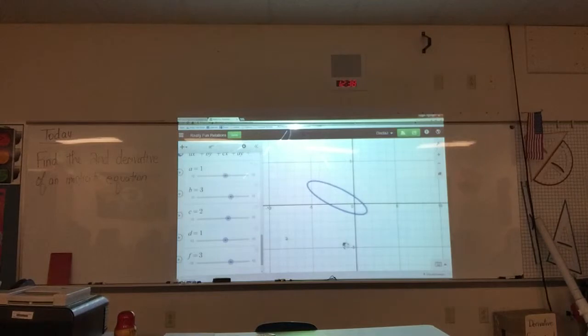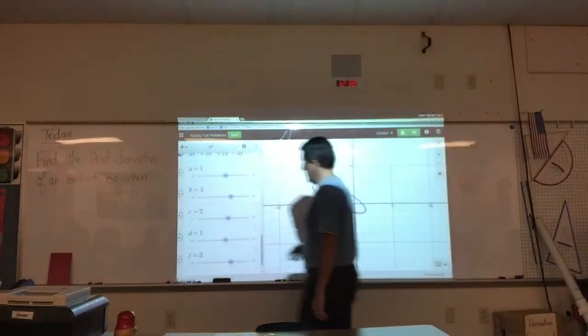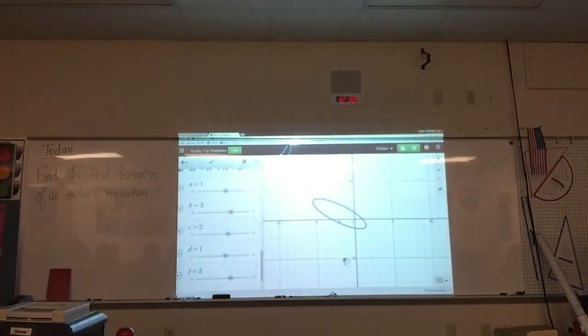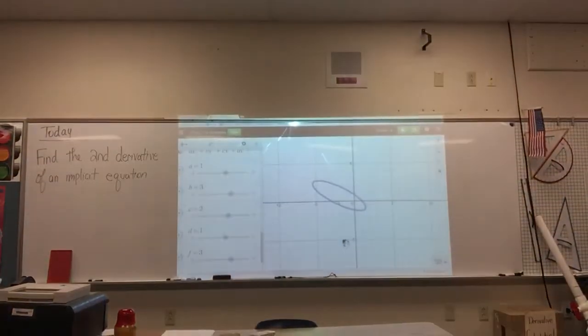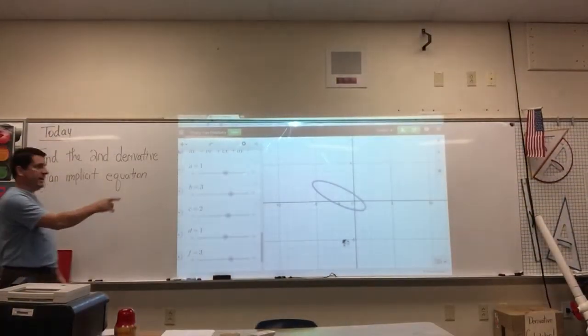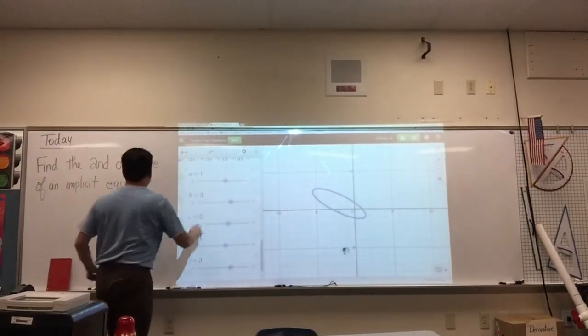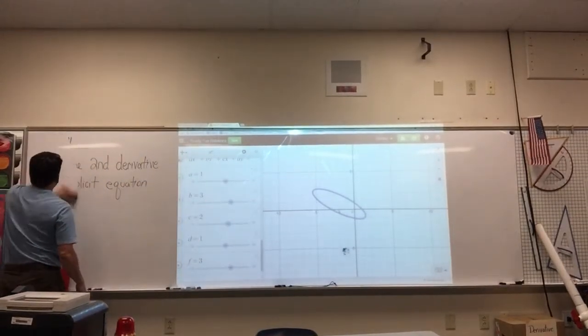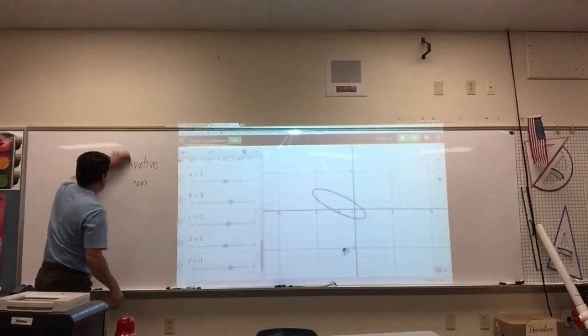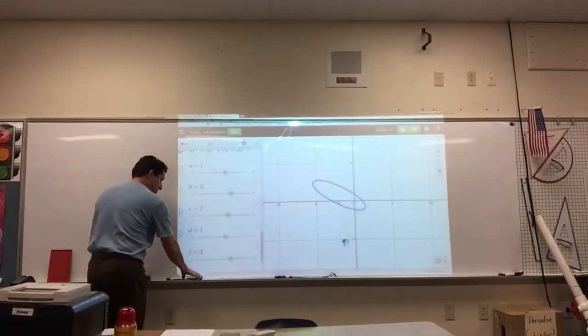Okay? So here is this ellipse. What we're going to do is find the derivative of this equation, which would then allow us to find the slope of the line tangent to that ellipse at any given moment. So we're going to write out that one and then go ahead and find the derivative.